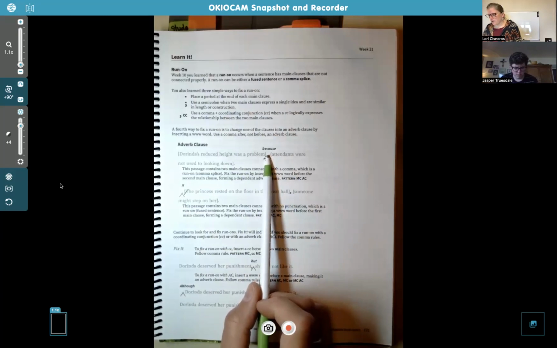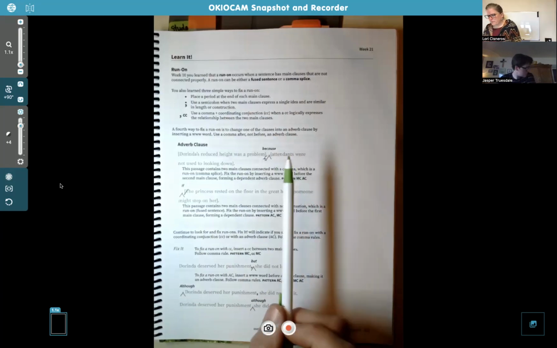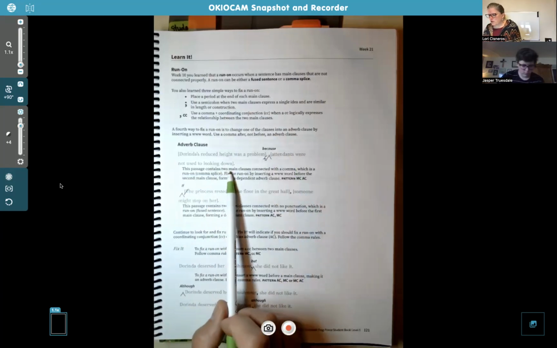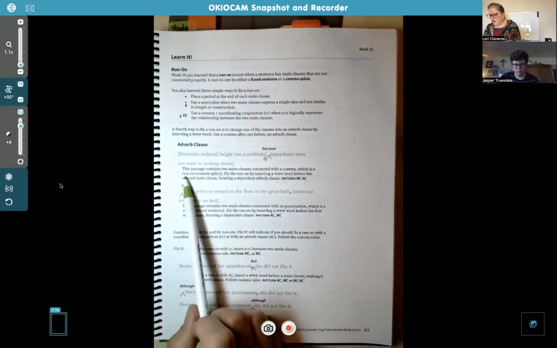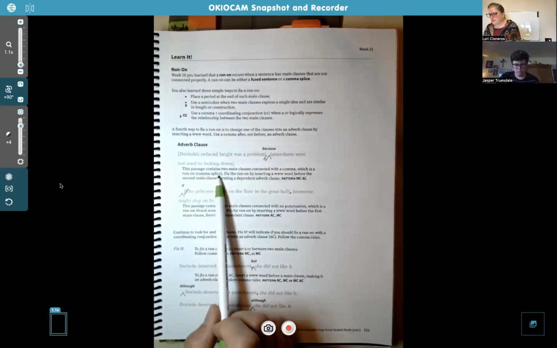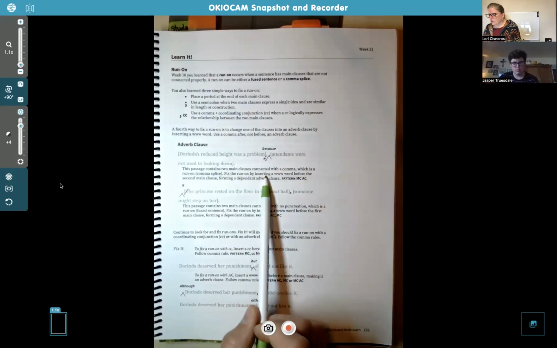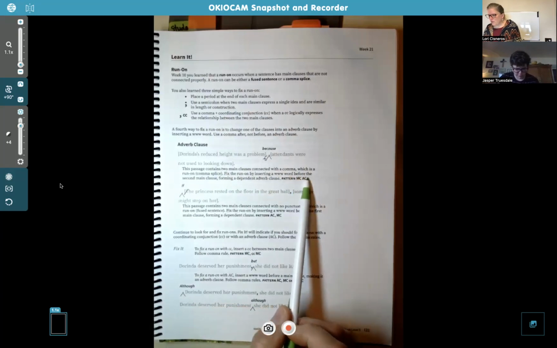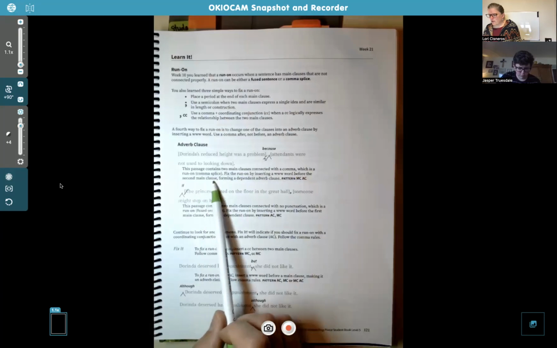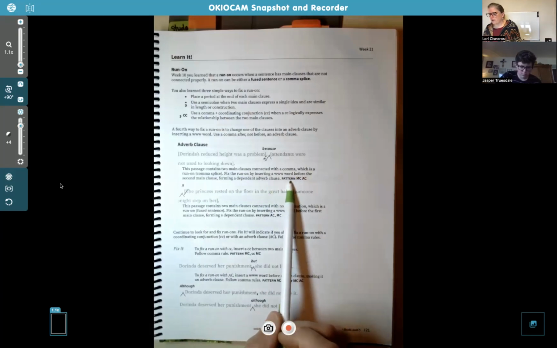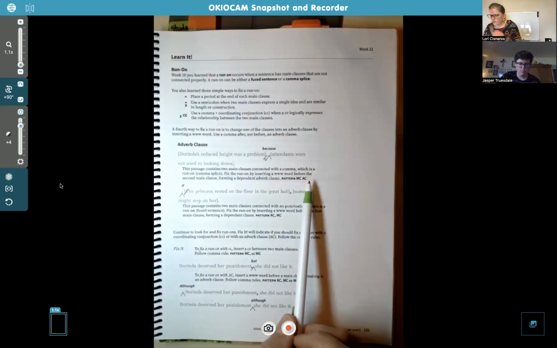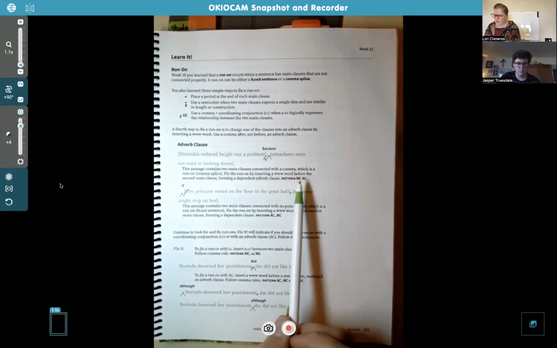That's an adverb clause. Because this passage contains 2 main clauses connected with a comma, which is a run-on or comma splice, fix the run-on by inserting a www word before the second main clause, forming a dependent adverb clause. And here's the pattern, MC AC. And no comma there.